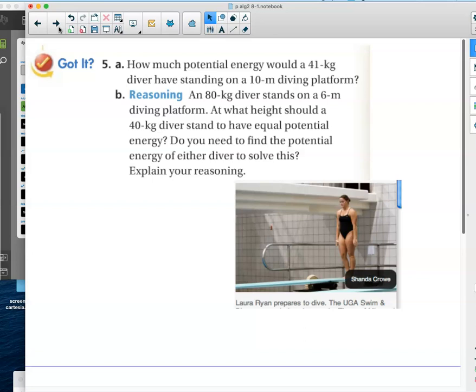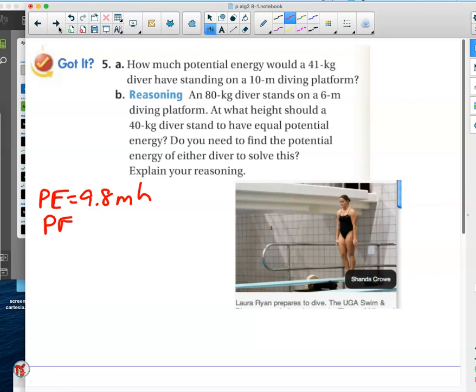So how much potential energy would a 41 kilogram diver have to stand on a 10 meter diving platform? Well, let's see. We just had our formula. Oh, what did they use? MH. All right, so the mass this time is 41, and the diving platform height changed.